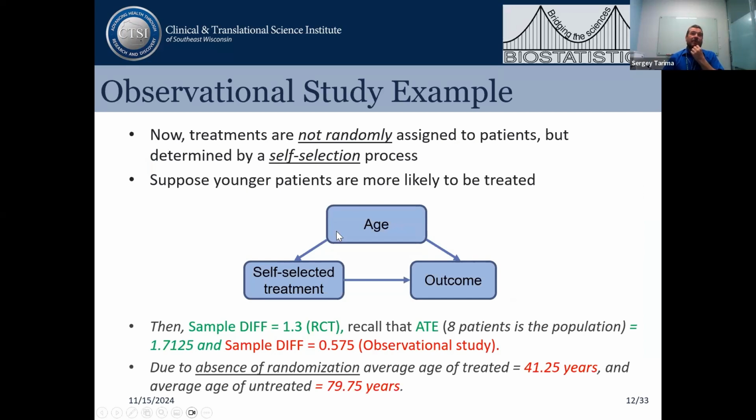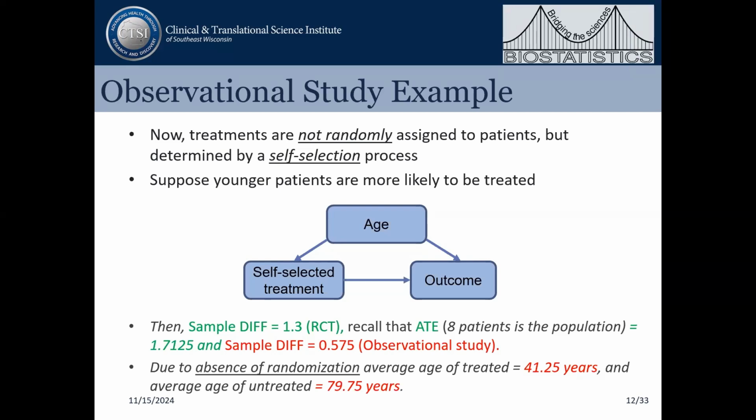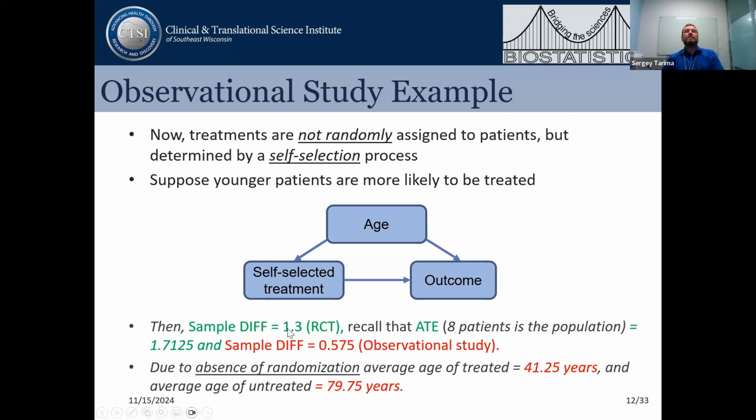In this case, our causal diagram is different, because in addition to the treatment indicator and outcome, we also get a confounding variable, age. We consider just one age at this point. Age can potentially affect both the treatment indicator and the outcome.